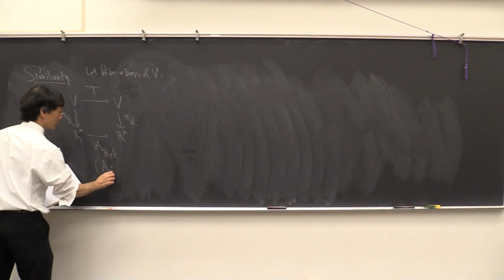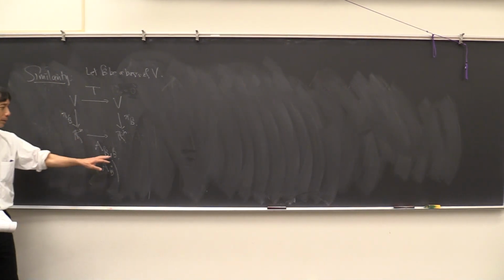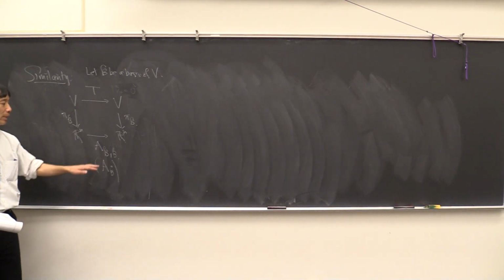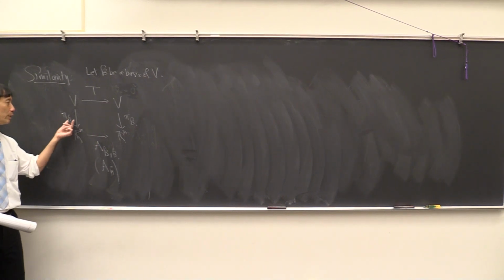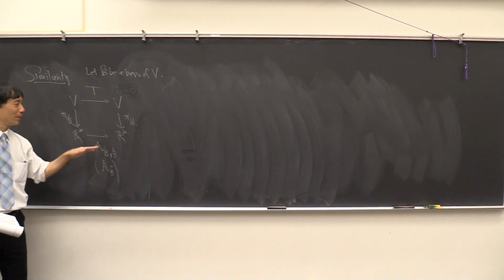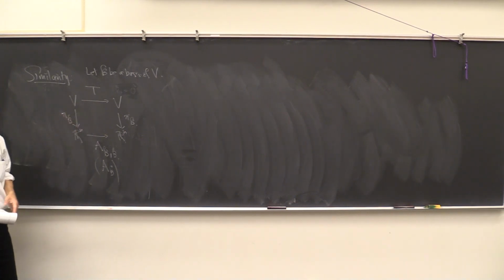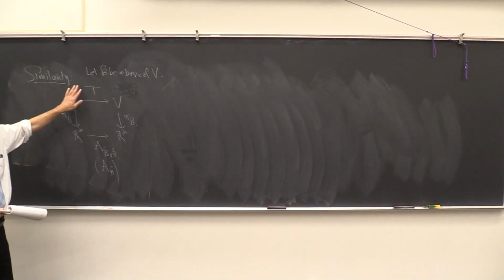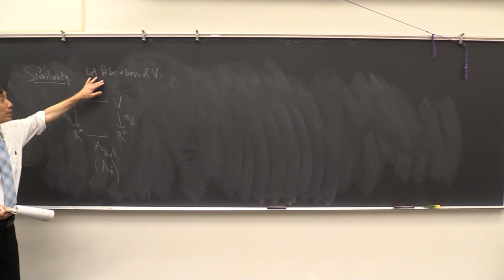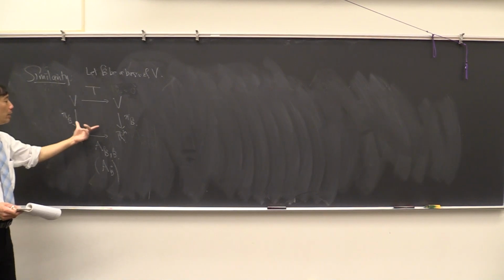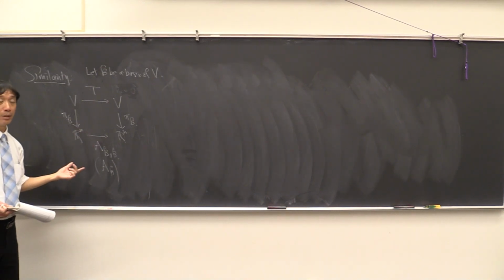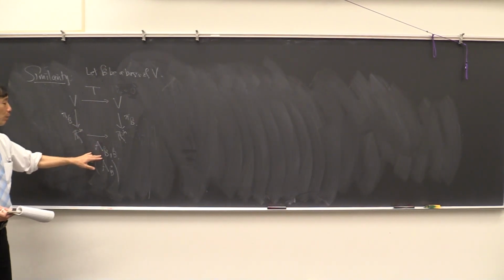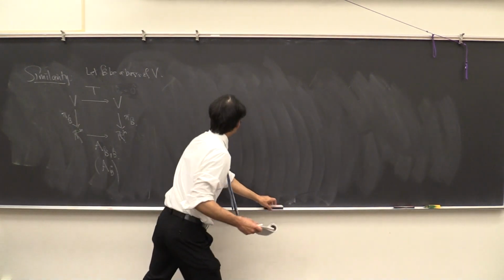Sometimes I'll make it sloppy and just call it A sub B because I know that the second B is the same as the first B. But in any case, the matrix representation with respect to the B basis and the B basis is the one that makes this diagram commute. Okay, so if you have a linear operator and you have a basis, then you can have this matrix representation with respect to the same basis on both sides. So that gives you one matrix representation, right?